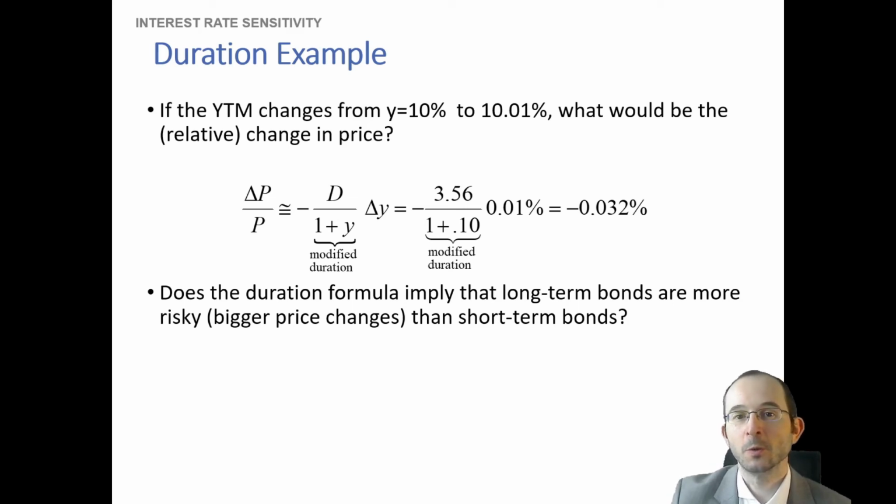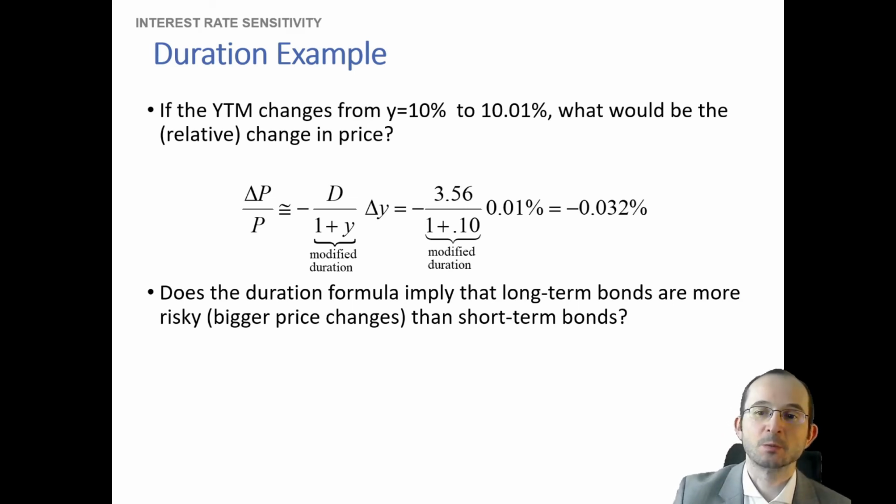So now that we know the duration of this bond, let's see if we can forecast its price change without having to work out the entire present value calculation in advance.